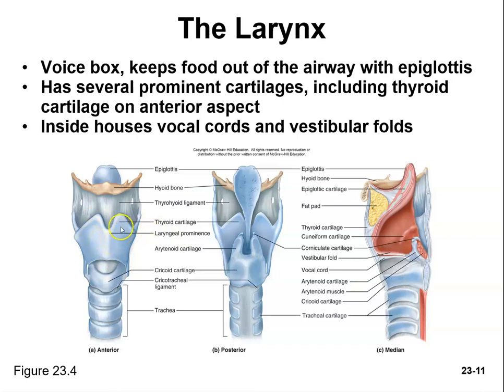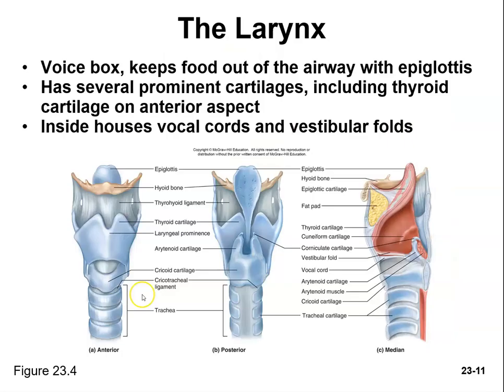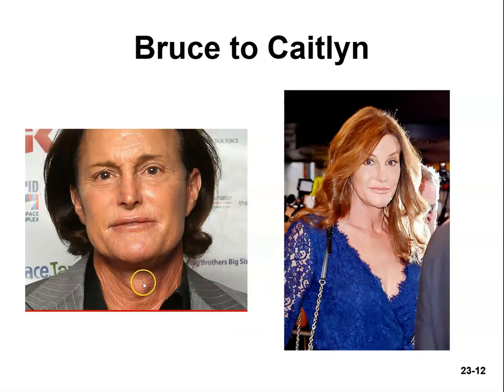I think in class I mentioned, hey, if you go to Vegas and you see a good-looking gal with a scarf on in 120-degree heat, you may want to look into that and say, no thanks. Well, remember our friend Bruce Jenner? Look, he's got a very prominent laryngeal prominence here. One of the first things he did during the transition to Caitlyn was to have that shaved off. So you see that is no longer there.